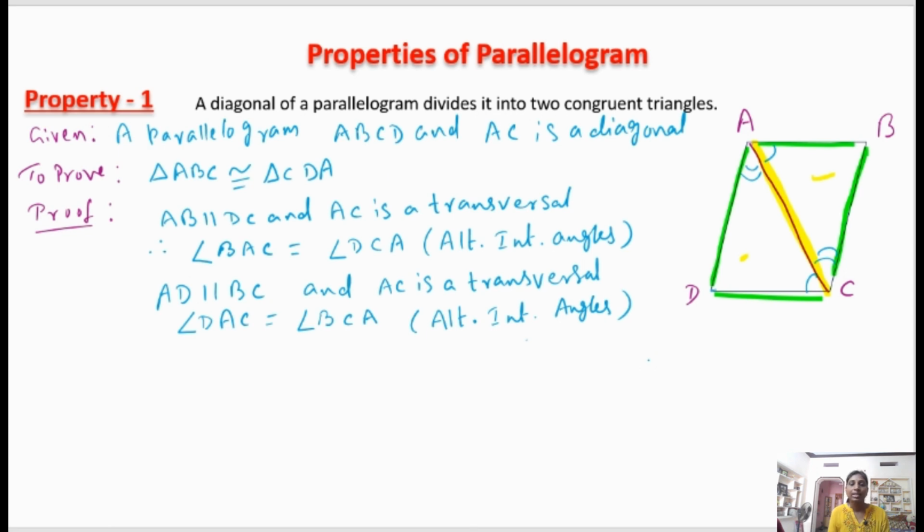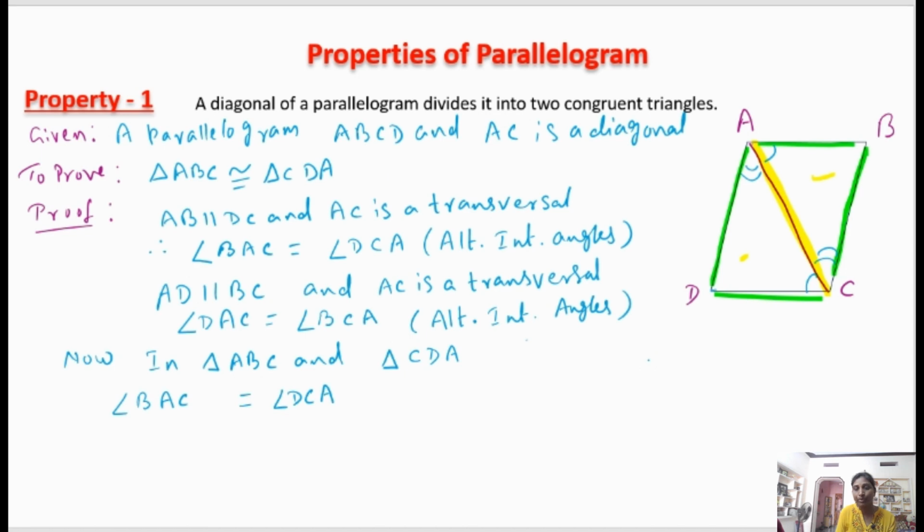So now take triangle ABC and triangle CDA. In triangle ABC and triangle CDA, angle BAC is equal to angle DCA.